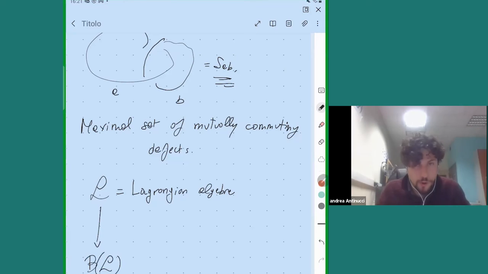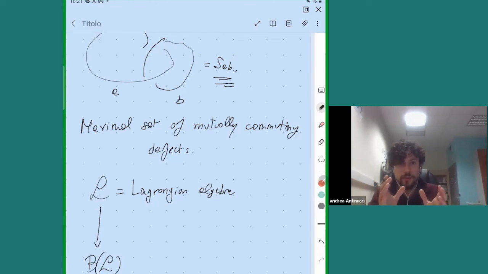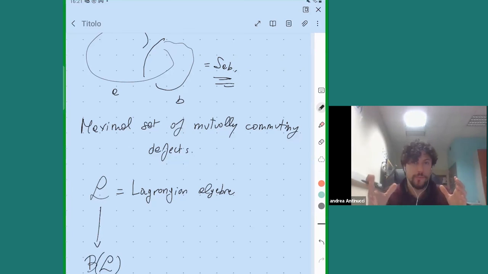And the way to do it is the following. Basically, you take your TQFT, and at some point, you put an interface between your TQFT and the same TQFT where you essentially gauge your Lagrangian algebra. This is made of topological defects, so they are essentially symmetries of your TQFT.